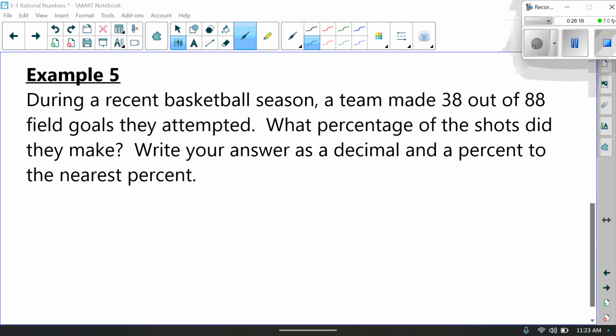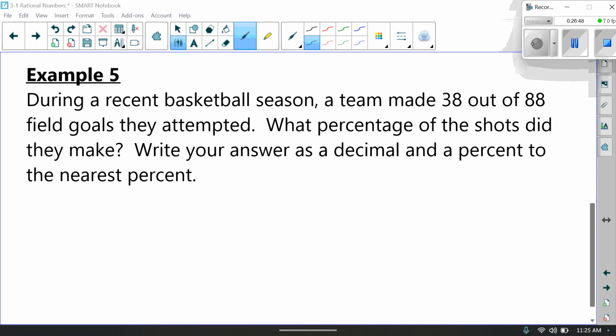All right, example 5 says, during a recent basketball season, a team made 38 out of 88 field goals they attempted. What percentage of the shots did they make? Write your answer as a decimal and as a percent to the nearest percent. We're going to change this to football because that's field goal. So what is important here?